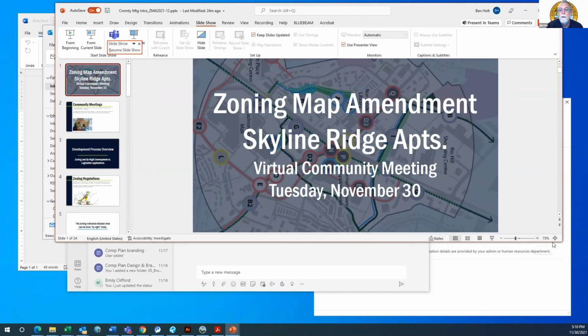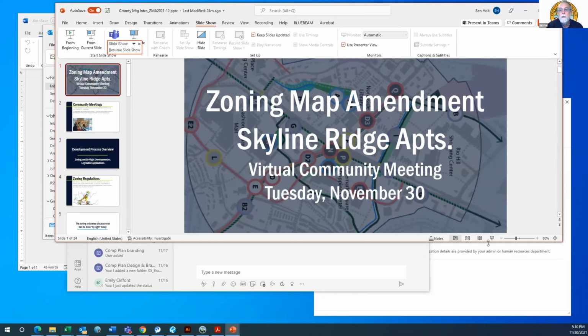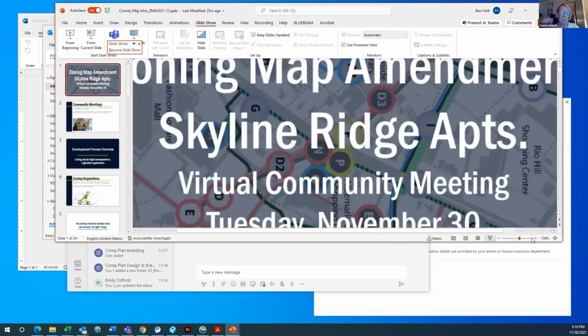Go left a little bit. Nope, that right there. That should move you into presentation mode. And up at the top left, it says resume slideshow. That should get you there, if my memory serves me right. Nope, that's not doing it. I apologize. I just thought if you could do it, it would be helpful.